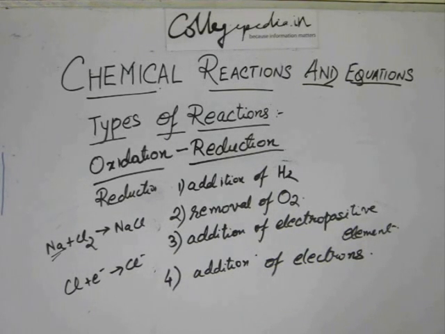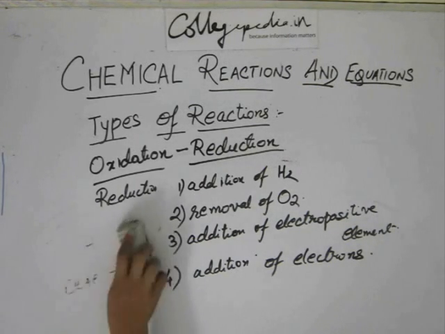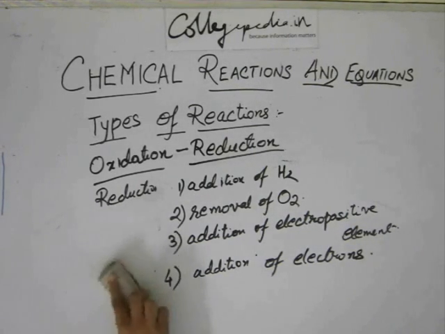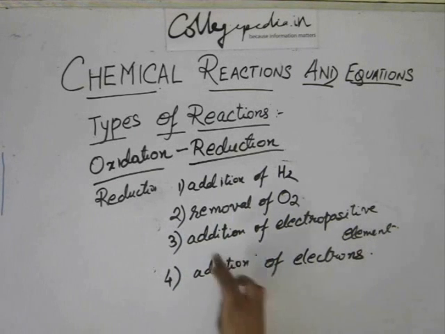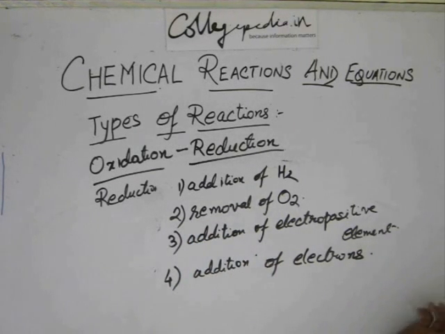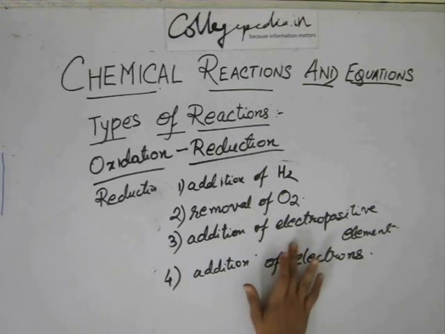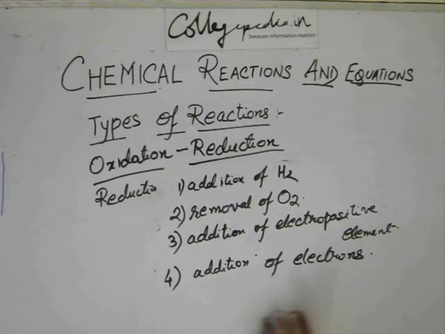Simple as that. So they might ask you the difference between oxidation and reduction. So give these points in columns: addition of hydrogen, removal of hydrogen, removal of oxygen, addition of oxygen, addition of electropositive element, addition of electronegative element, addition of electrons, removal of electrons. And give an example.